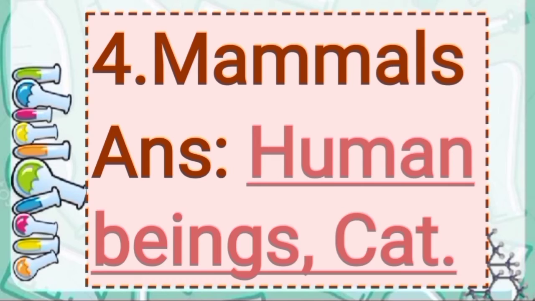And second example is cat. So as you know, mammals are examples of such animals which do not lay eggs, and they reproduce by giving birth to young ones that feed on their mother's milk. So here examples of mammals are human beings and cat.